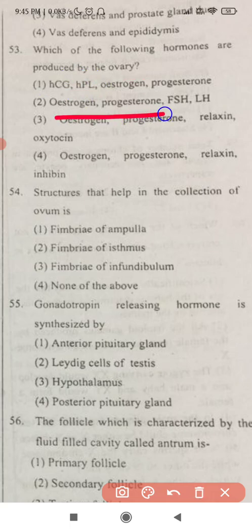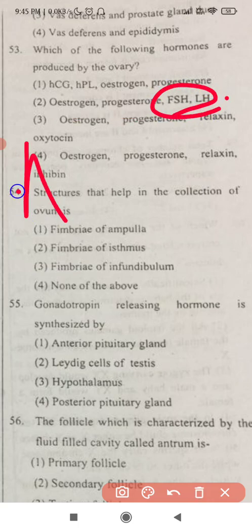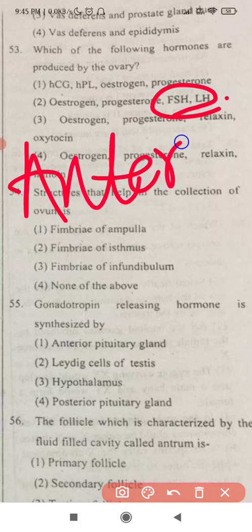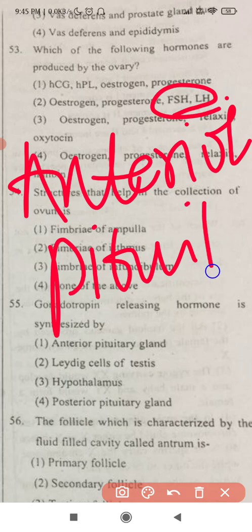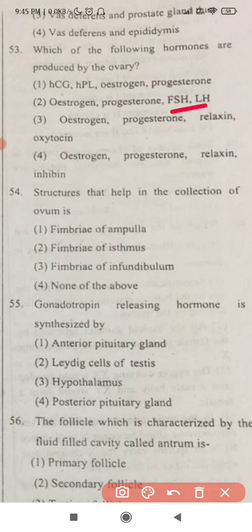Talking about the second option, estrogen, progesterone, FSH, LH. FSH and LH are secreted by anterior pituitary, so it is not secreted by ovaries. Let's talk about the third option, estrogen, progesterone, relaxin, oxytocin.